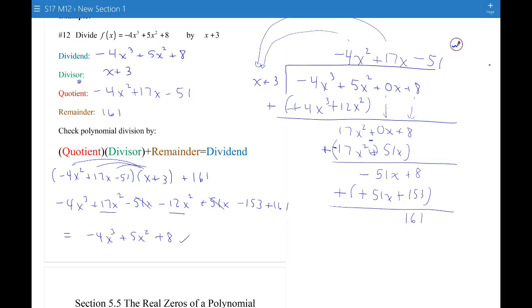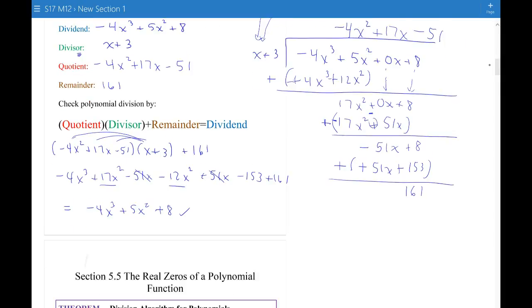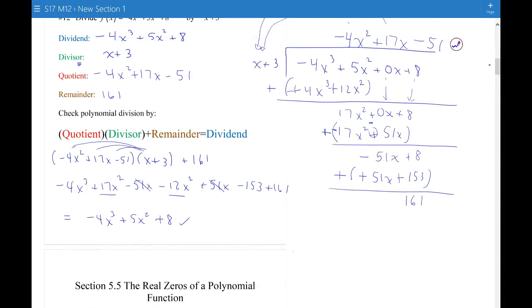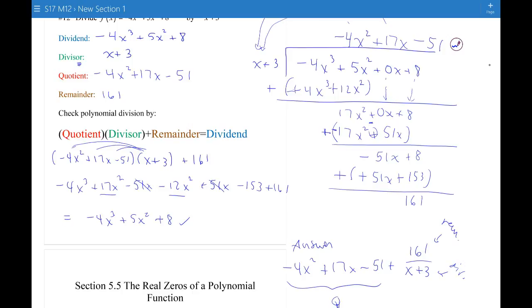Check. So we know for sure we got the right answer, and the way we write it is, here's the answer: negative 4x squared plus 17x minus 51 plus 161 over x plus 3. So here's the remainder, and here's the divisor, here's the quotient.